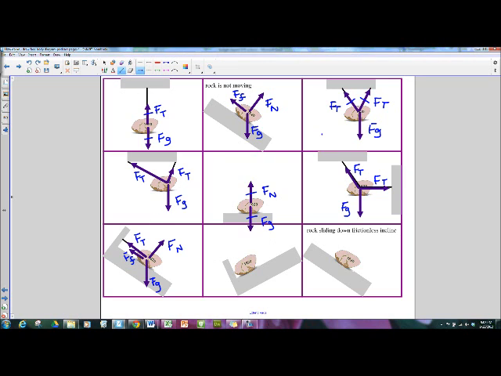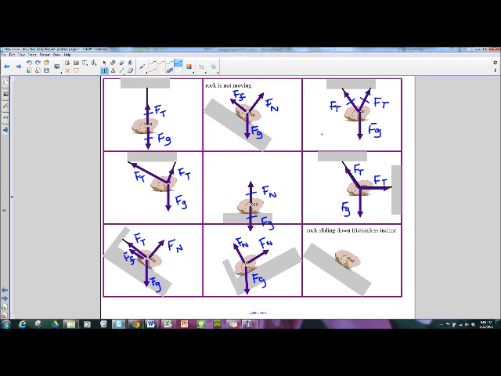And now I have a rock resting on two different surfaces. So force of gravity is going down. This normal force for this surface is going in that orientation. This one will be perpendicular to here, so it'll be in this orientation. So we have Fg, Fn, and a second Fn.